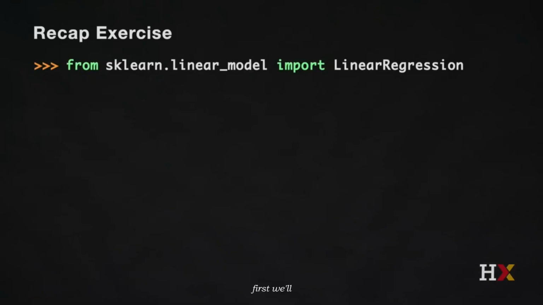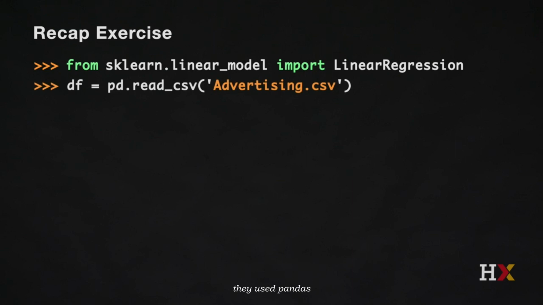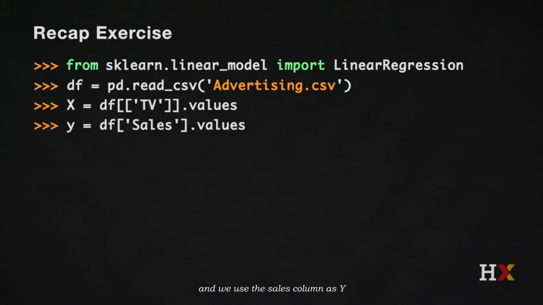Let's connect that to the sklearn that we've done in the exercise. First, we import the linear regression module from the sklearn linear model. We use pandas read CSV to read the data into a data frame, which we call DF. We use the TV column as X, and we use the sales column as Y. We use the linear regression module to instantiate the object reg.